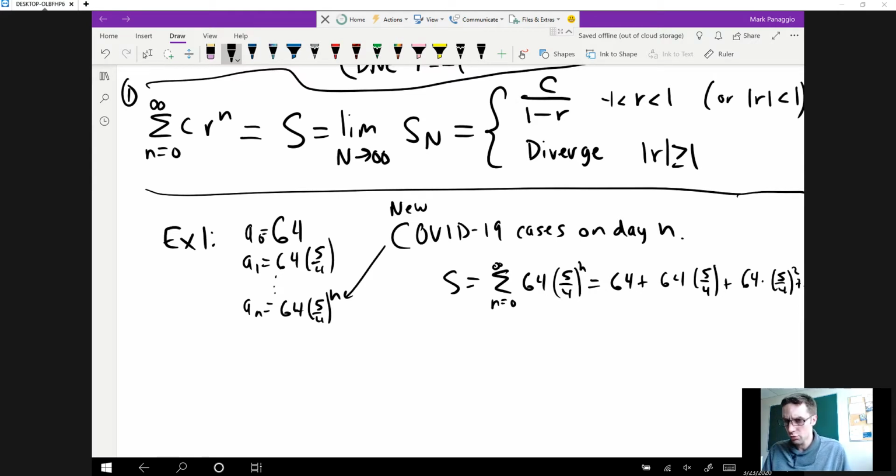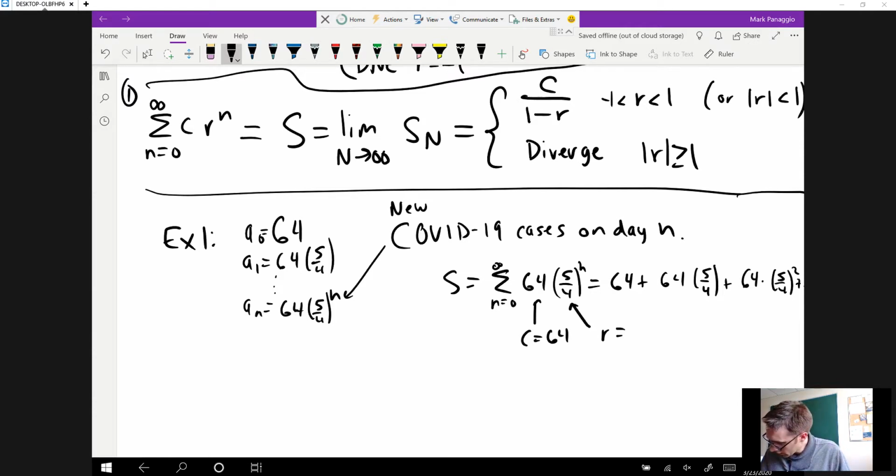And we looked at 3 examples earlier on. We looked at keeping track of the total number of coronavirus cases, given that we have 64 on day 0 and then a 25% increase each day. And we showed that we could write this as the sum of 64 times 5/4 to the n. And so notice here we have c equals 64.